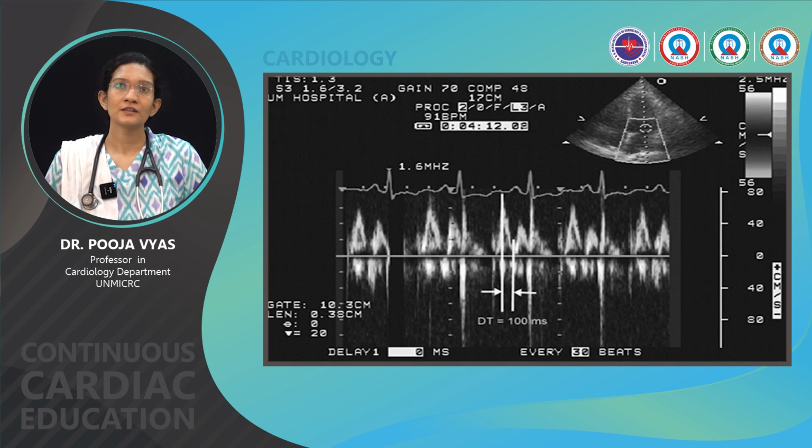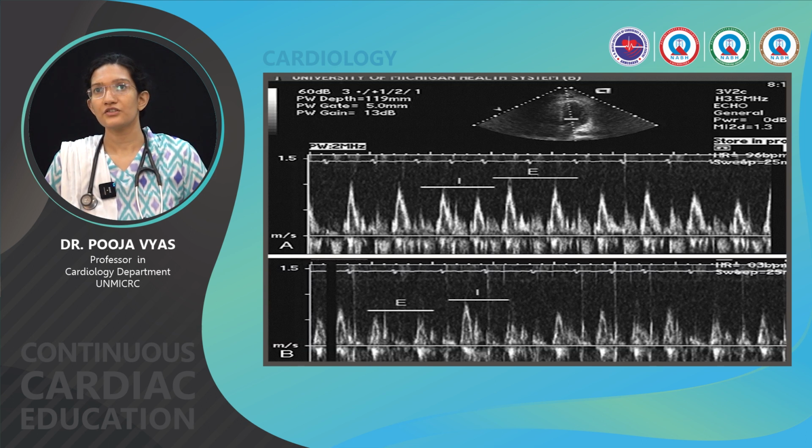So here respiratory variation is higher, which suggests constrictive pericarditis. Respiratory variation of more than 25% in the mitral valve suggests constrictive pericarditis.